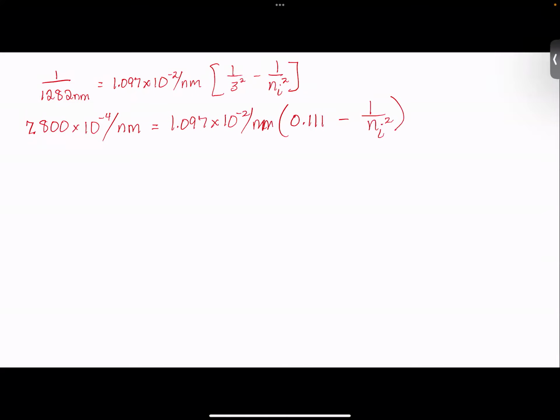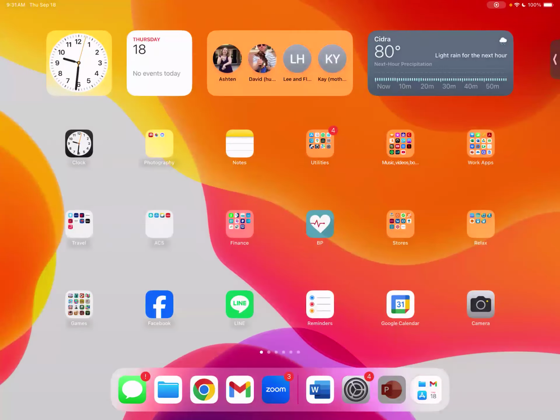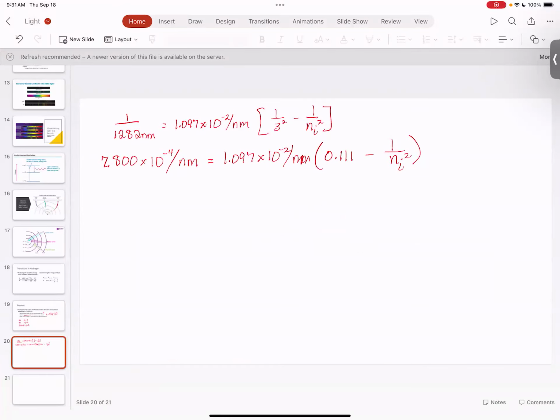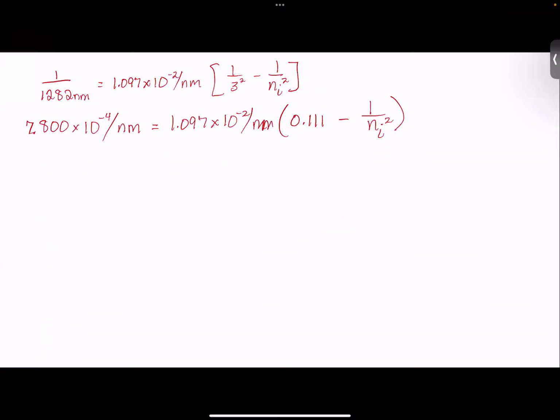The next thing I do is I go ahead and I divide by the 1.097 times 10 to the minus 2 on both sides.